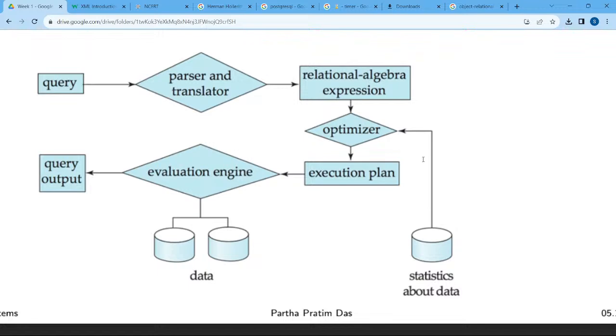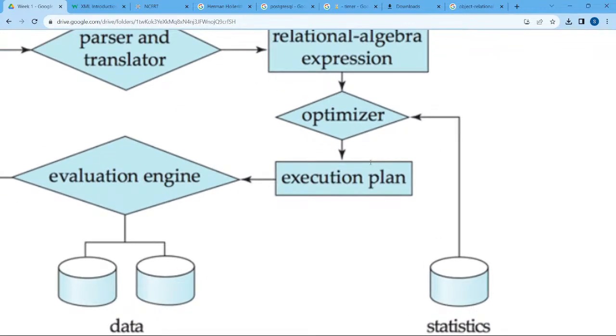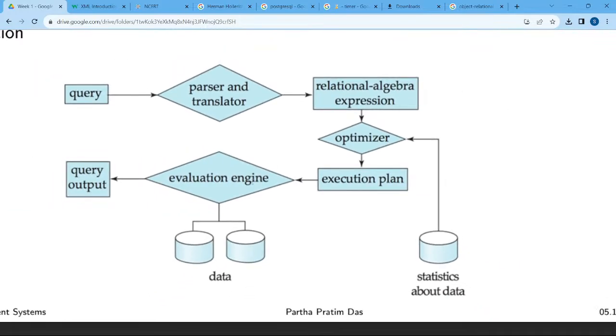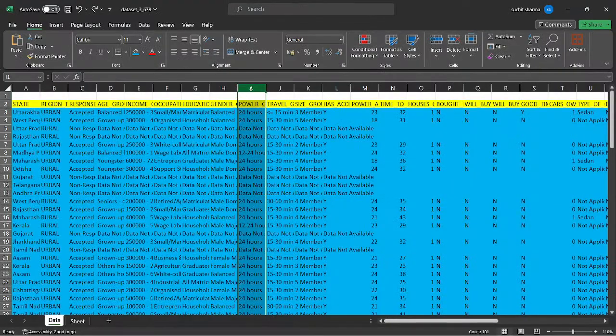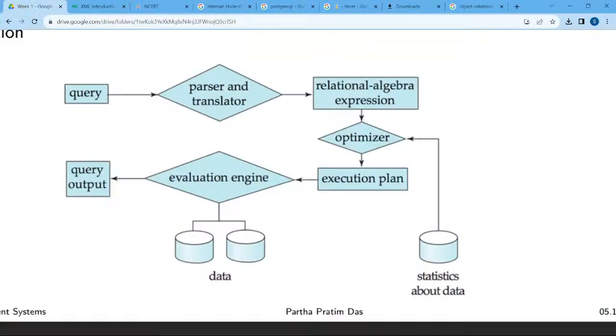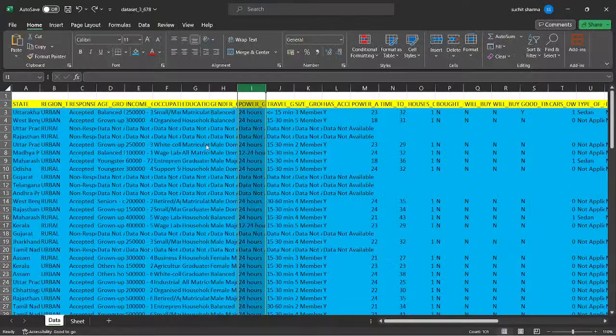Then it would go through the optimizer into the execution plan, and the data here would be evaluated through the evaluation engine. Let's say I wanted to delete this I data.